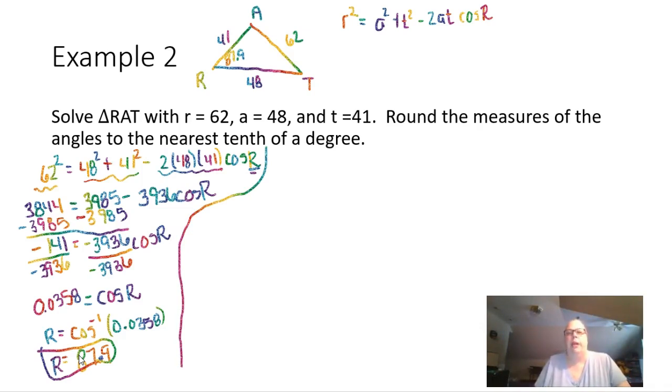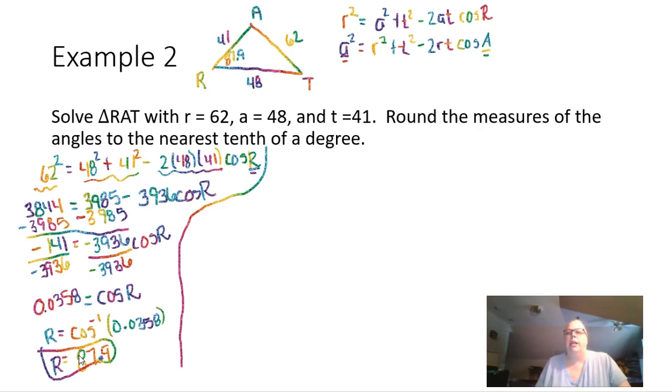So if I want to find angle A, then I'm going to use the formula a squared is equal to r squared plus t squared minus 2 times r times t times the cosine of angle A. Notice that the side and the angle are on opposite sides of the equal sign.